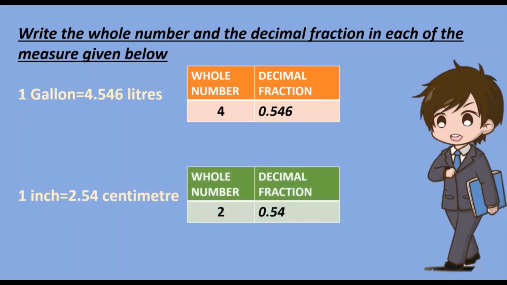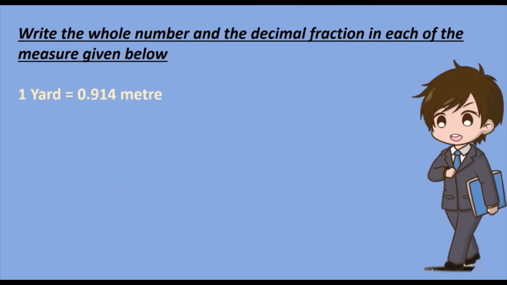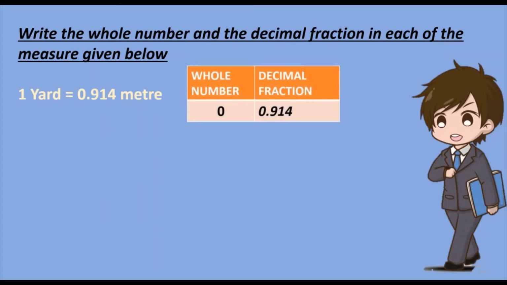So 2 is the whole number and 0.54 comes under the decimal fraction column. 1 yard is equal to 0.914 meter. So here the whole number is 0 and 0.914 comes under decimal fraction column.